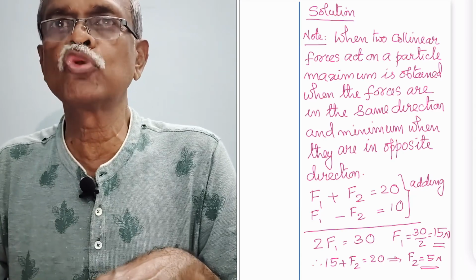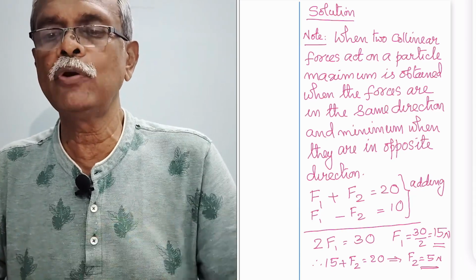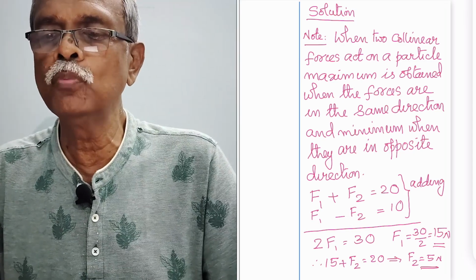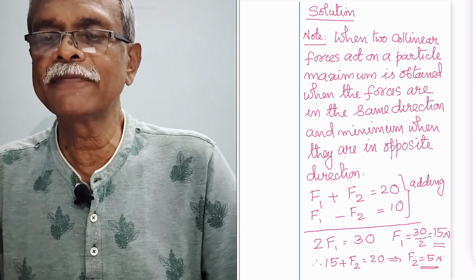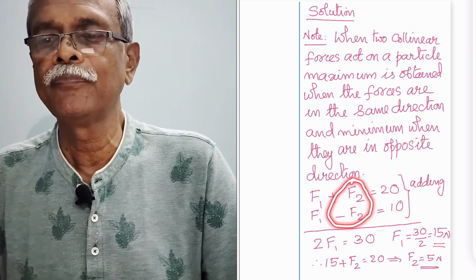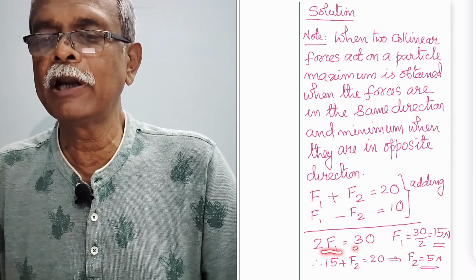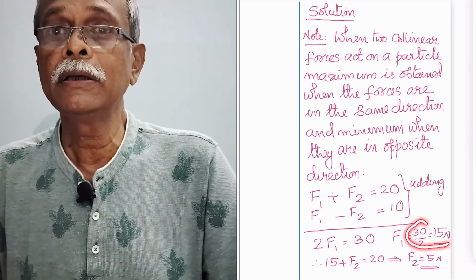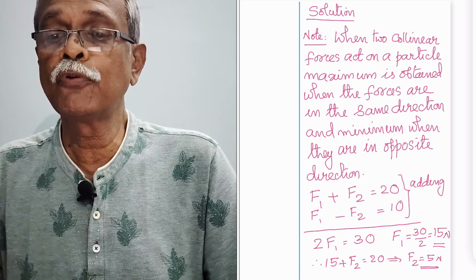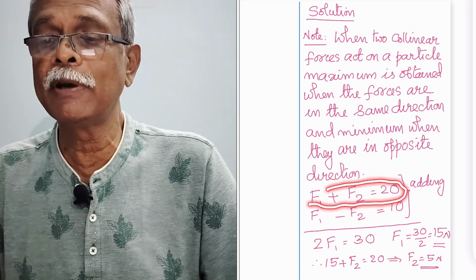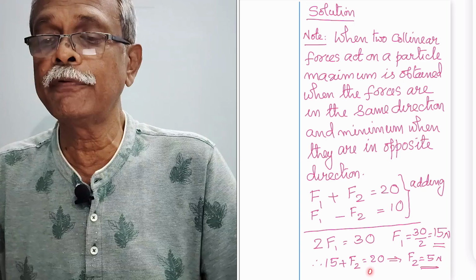And therefore, we can solve them and calculate the values of F1 and F2. For solving, we add these two, then F2 will cancel, and 2F1 will be equal to 30, and F1 will be 30 divided by 2, that is 15 Newton. From the formula, 15 plus F2 is equal to 20, therefore F2 is equal to 20 minus 15, that is 5 Newton.